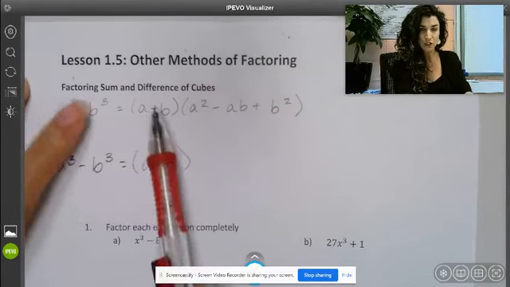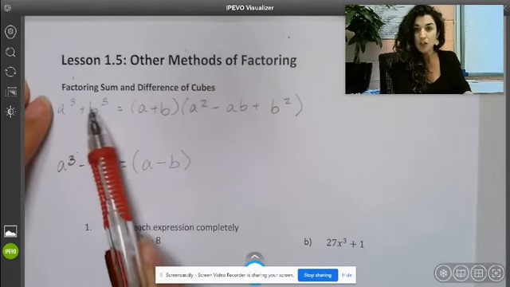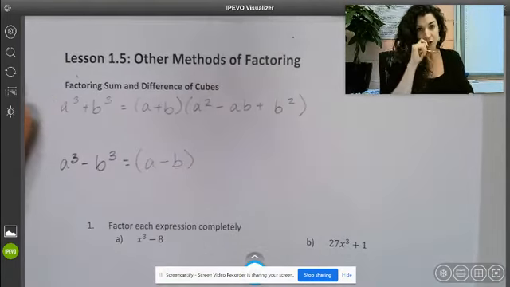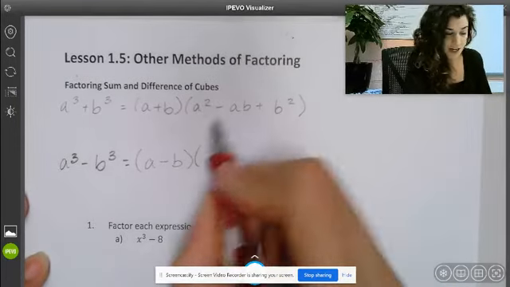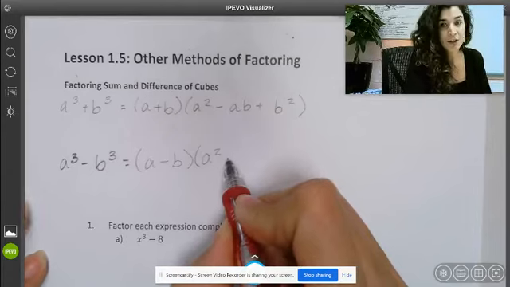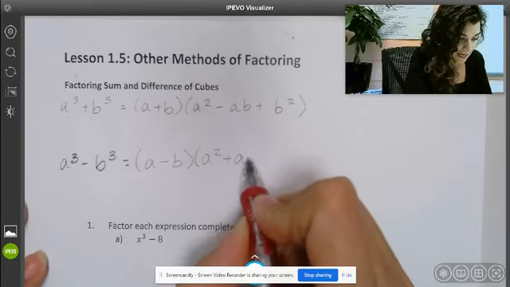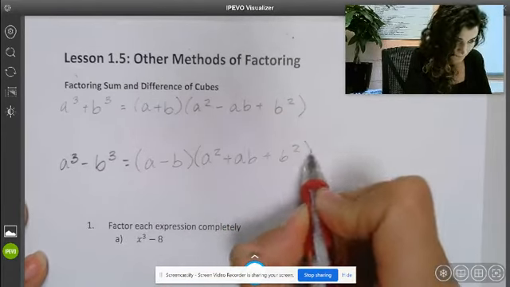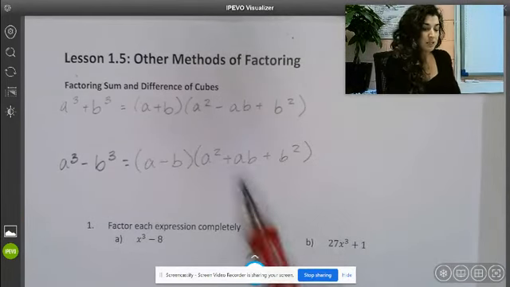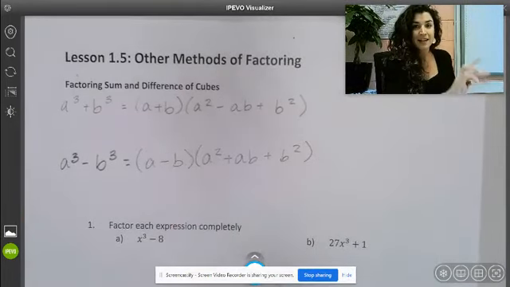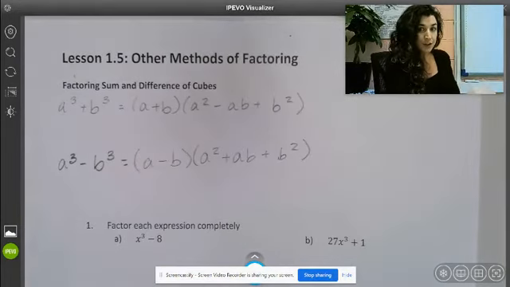So for your first parentheses, the sign is the same from the original to this first piece right here. And then it follows along the exact same way here, a squared, except it goes now plus ab plus b squared. So the difference between these two is just the signs, and they're just flipped around.